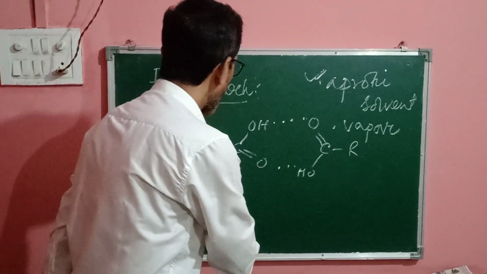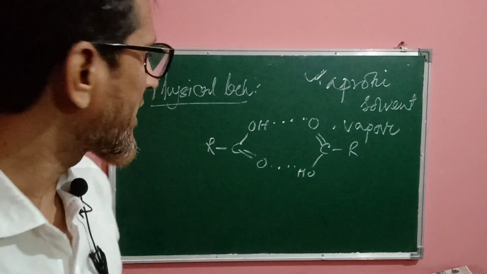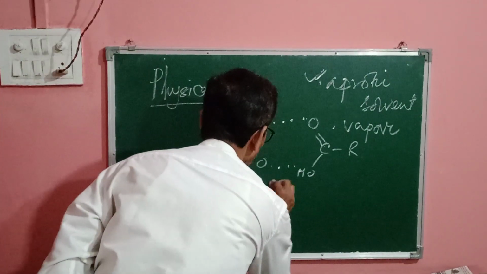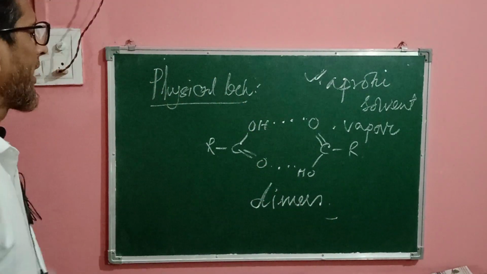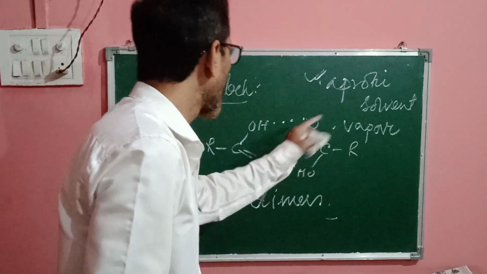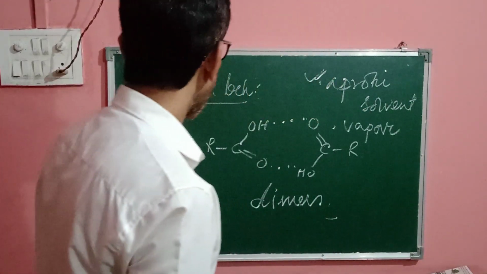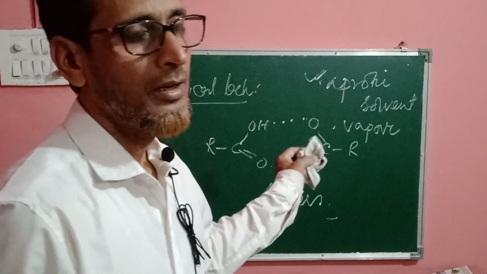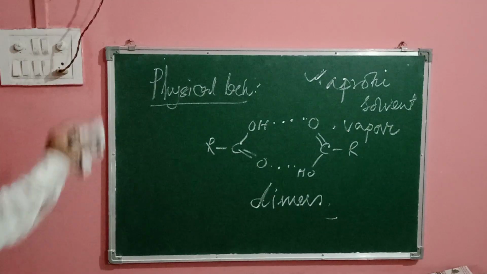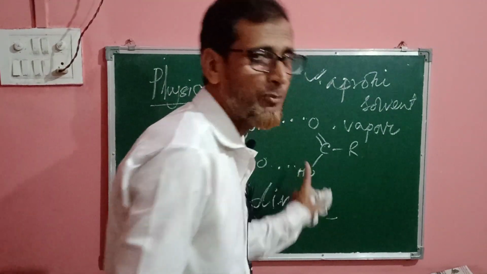That's why lower members of carboxylic acid very often appear as dimers. Two molecules get attached, and their intermolecular hydrogen bonding is so strong even in vapor stage or in aprotic solvent. That's why their boiling point is even more than aldehyde, ketone, alcohol of comparable masses.